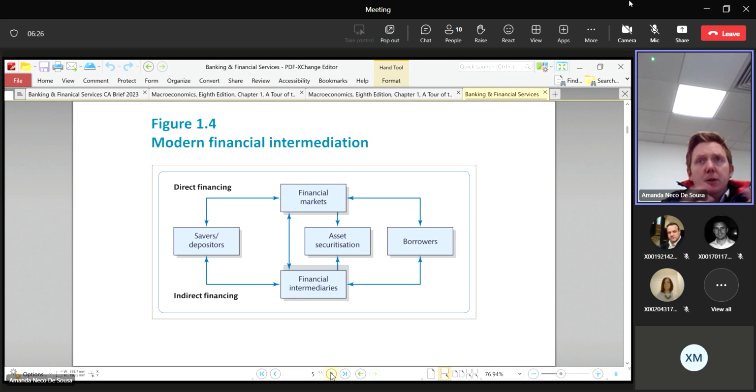Can anyone tell me what that process is called? The packaging up of a collection of loans into marketable instruments. Don't rush all at once. Securitization, and I would remember that.